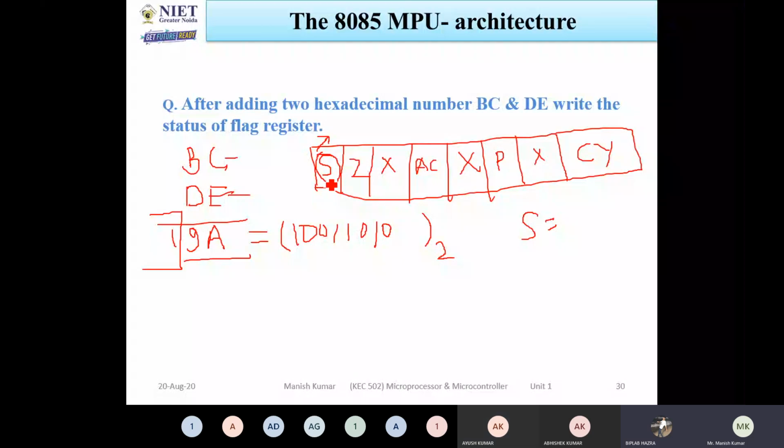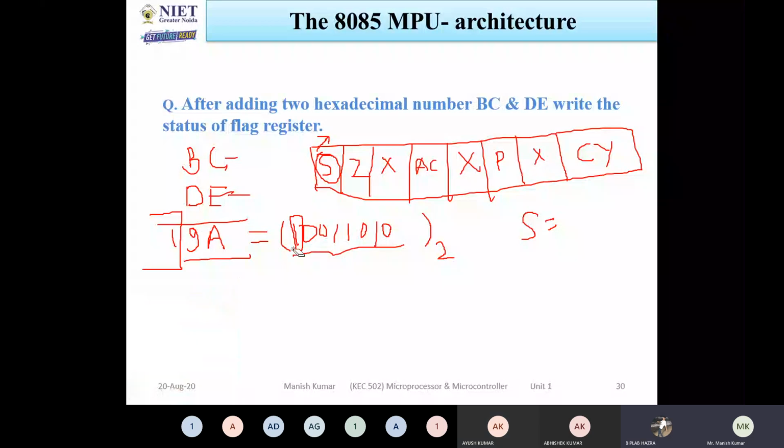In case of negative it is 1. So you can check the MSB bit of this number. What is the MSB bit? The MSB bit is showing 1, correct?